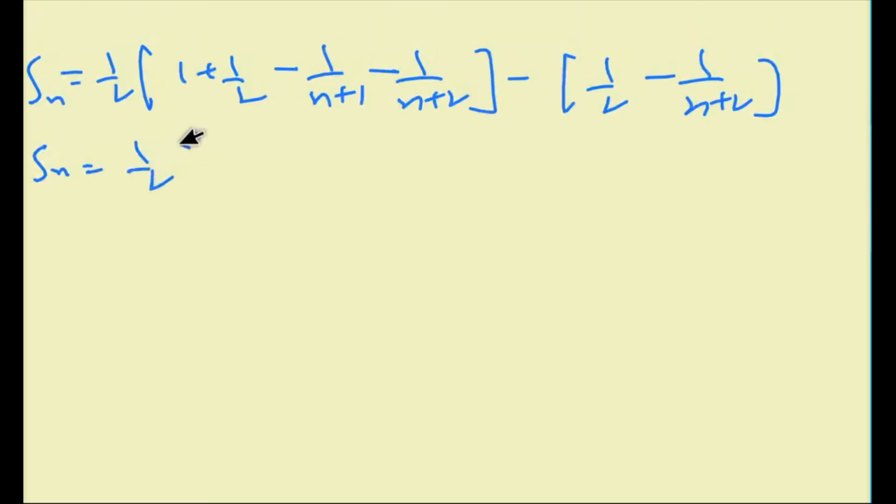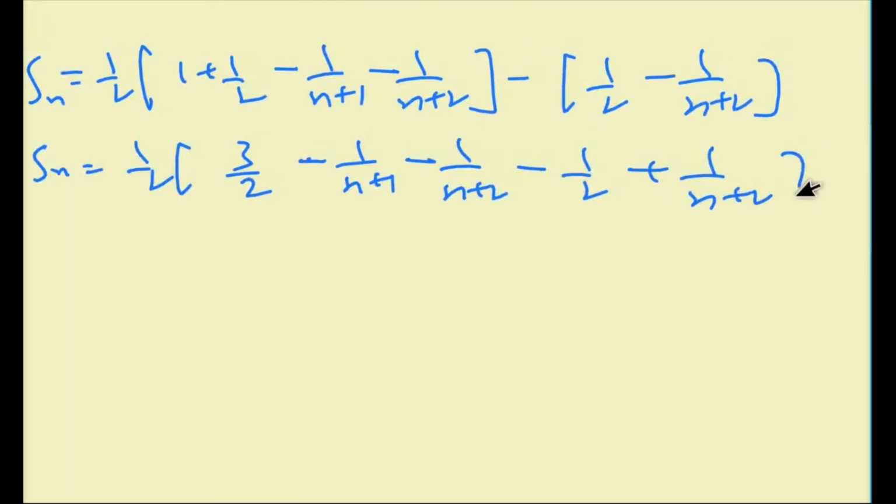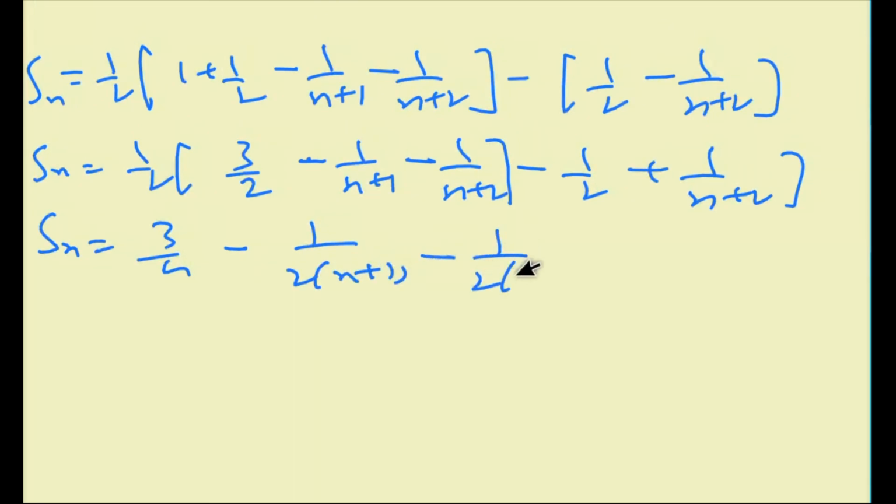Okay, now as you can solve it, you can find the answer in a very easy manner. So we can see this, taking the bracket here, open the bracket, we get 3 by 4 minus 1 upon 2 n plus 1 minus 1 upon 2 n plus 2 minus 1 upon 2 plus 1 upon n plus 2.